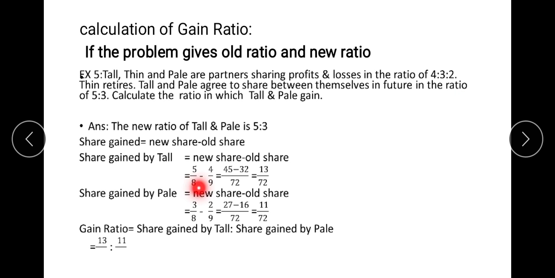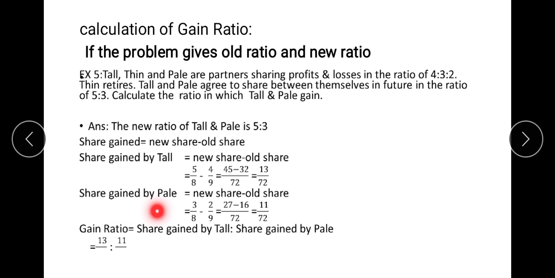So 5/8 minus 4/9. 72 is the common denominator. 8 nines are 72, so 5 into 9 is 45. Then 9 eights are 72, so 8 fours are 32. So 45 minus 32 is equal to 13/72.